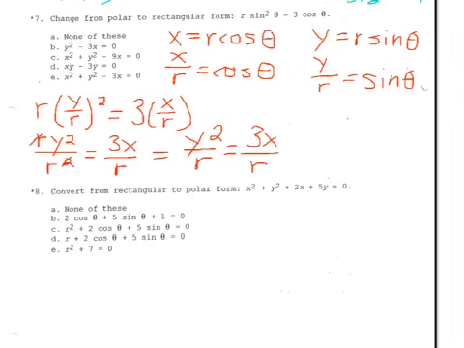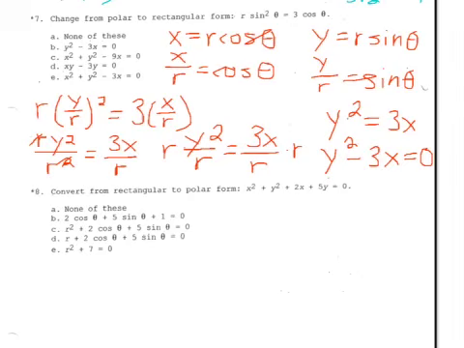And now if I just multiply both sides by r, it gets rid of it. So we just have y squared equals 3x. And if I move that 3x to the other side, we get y squared minus 3x equals 0. So we are dealing with choice B.